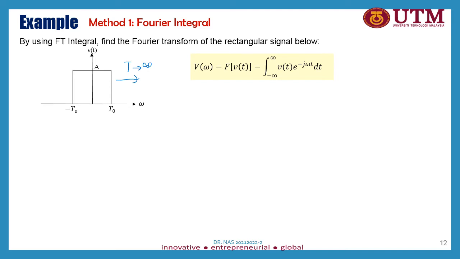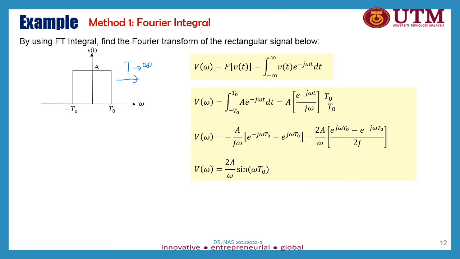In this case, the v(t) is the rectangular function with magnitude A. So this is your v(t). So perform the integration from minus t0 to t0. After integration, you'll get this V(omega). So this is the Fourier transform of the rectangular signal.